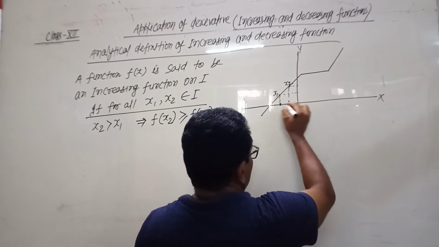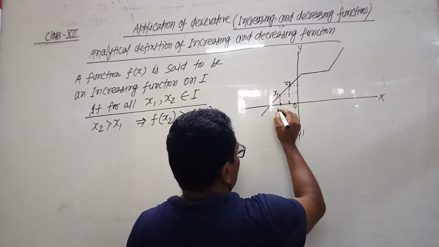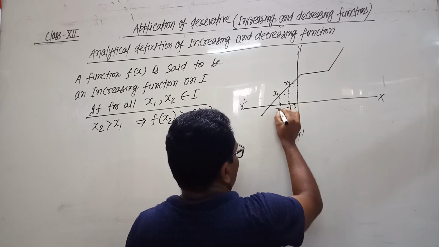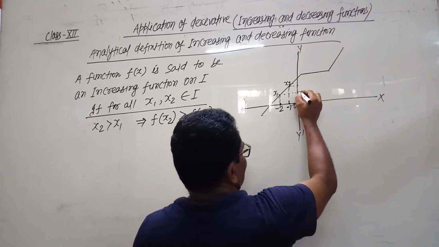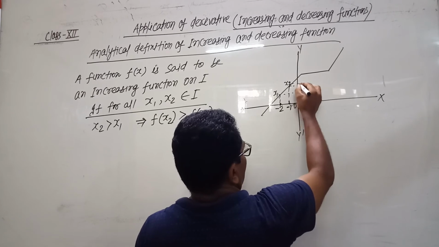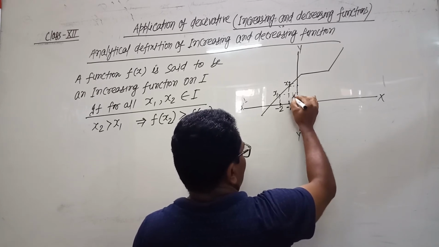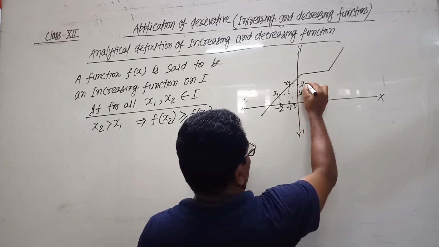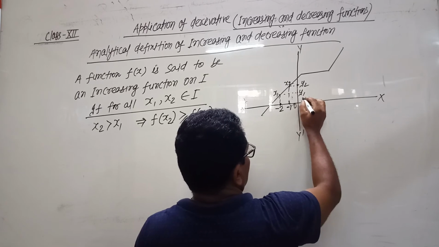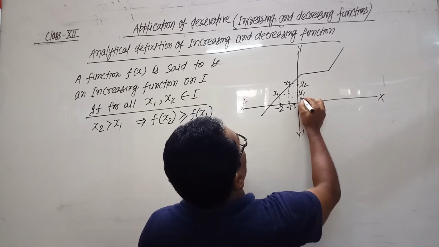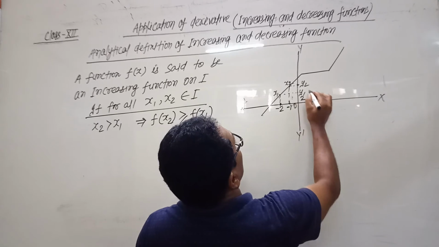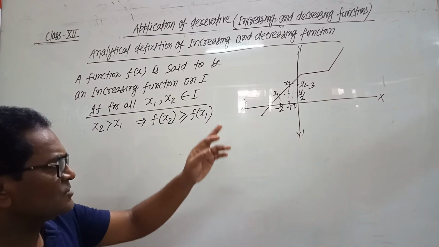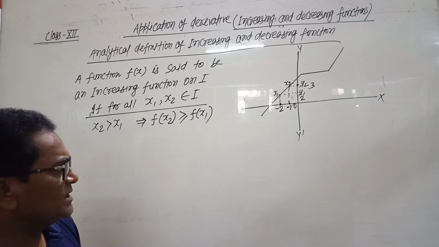Suppose the values of x1 and x2 here are -2 and -1, and this is y1 and this is y2. The value of y1 is 2 and the value of y2 is 3.